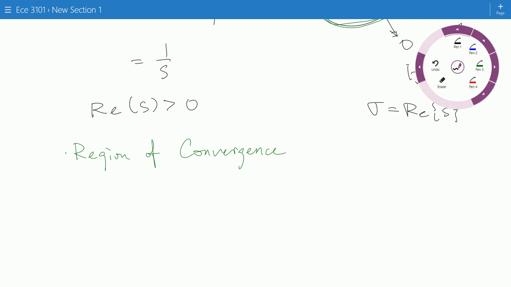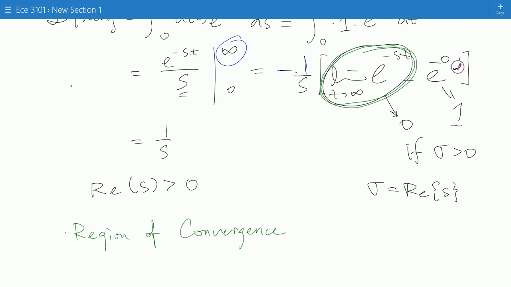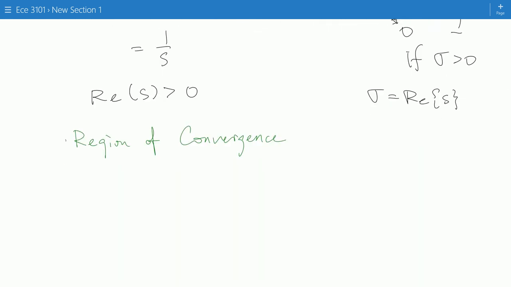And as the text will point out, finding this region of convergence is usually very simple. Whenever we have e to the power of negative st in our integral term, we want it to be decaying as time goes on.